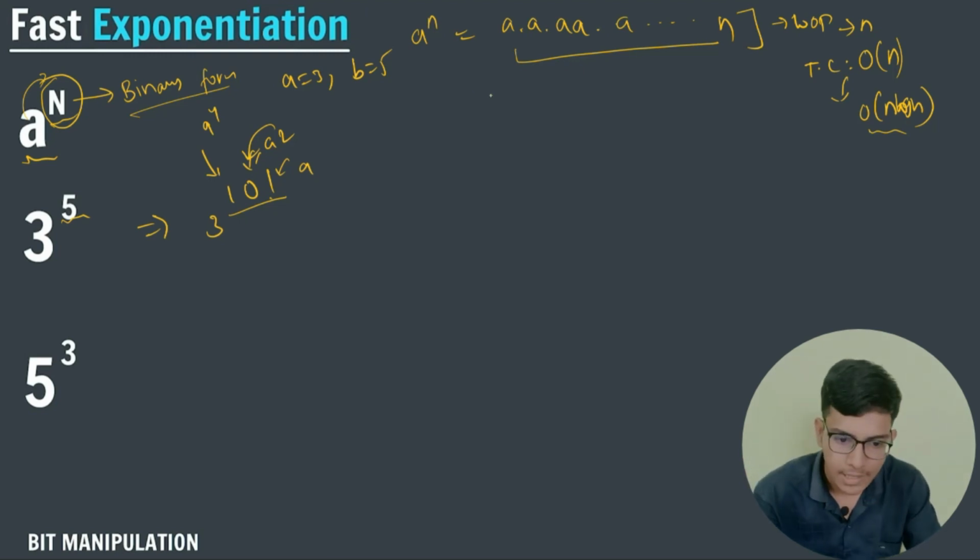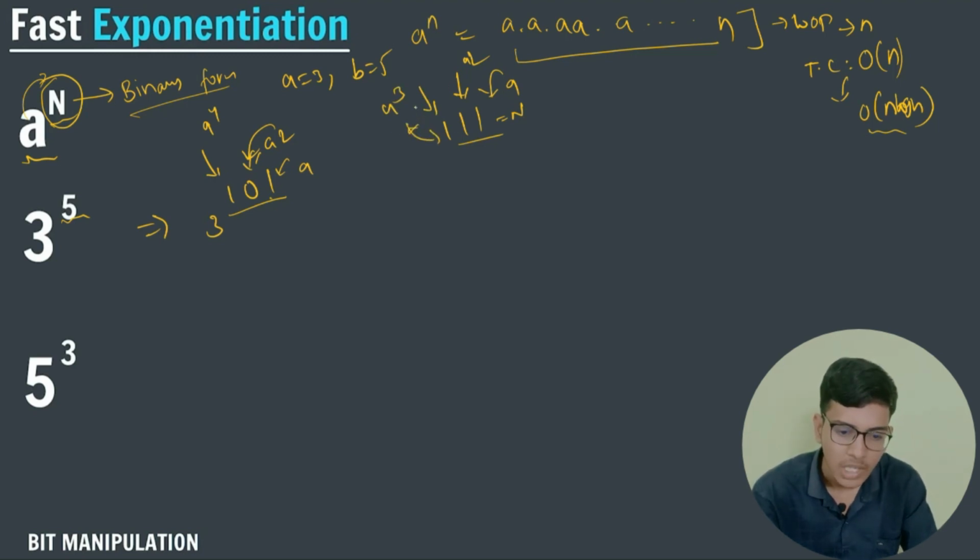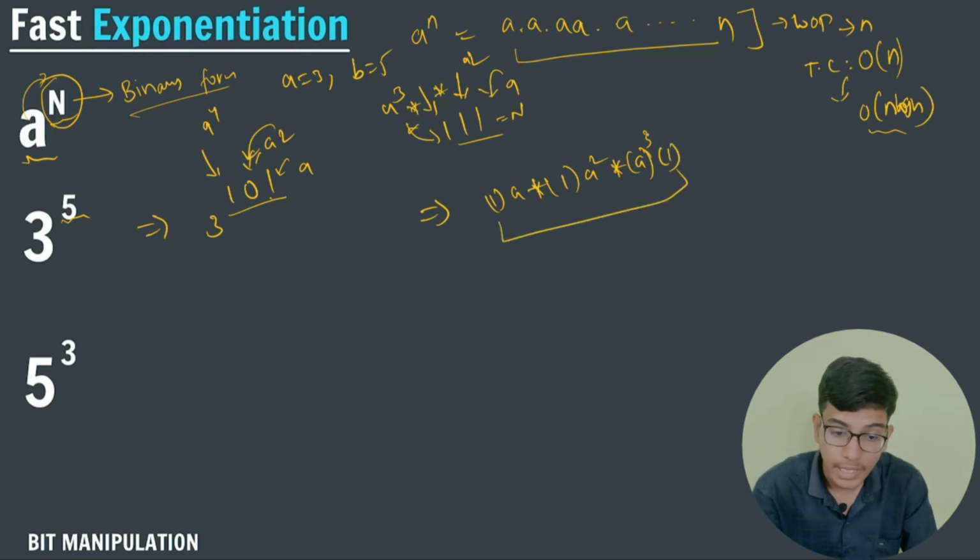Let us take that 1 0 1. So this is the n value, right? So we will multiply a, a square and a power 4 with the corresponding bit values, like this: 1 into a, 0 into a square, 1 into a power 4. So this thing will give me the power of my given number.